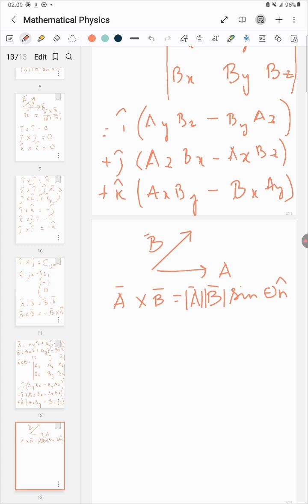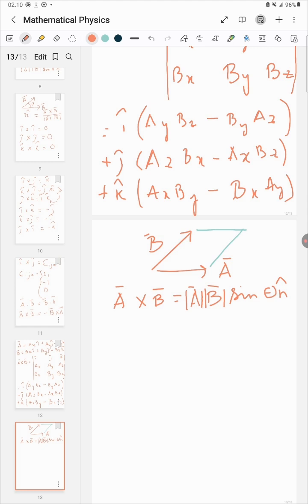So what will be n cap in this sense? Because we'll draw a parallelogram with this. How can we then find the direction of n cap?